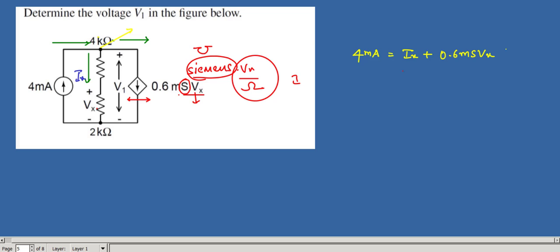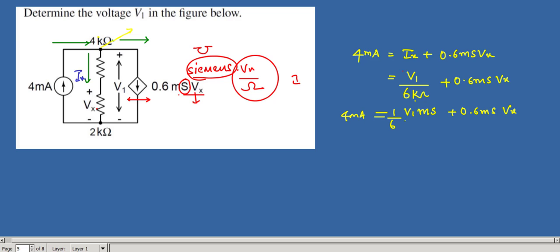Okay, I can write this as Ix as V1 by 4 kilo ohms plus 2 kilo ohms, 6 kilo ohms, plus 0.6 millisiemen into Vx. So I can write this as 1 by 6 V1 millisiemens. So I am taking kilo to above. Kilo goes to above, what happens? Milli. Ohm goes to above, what happens? Siemen. So 0.6 millisiemen Vx. Okay, so here 4 milliamperes.